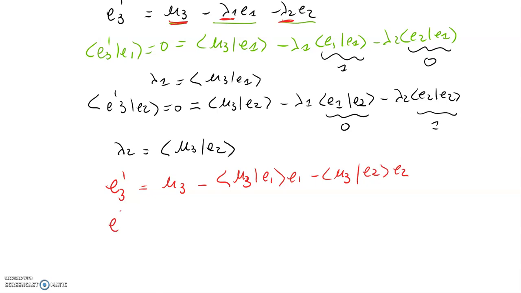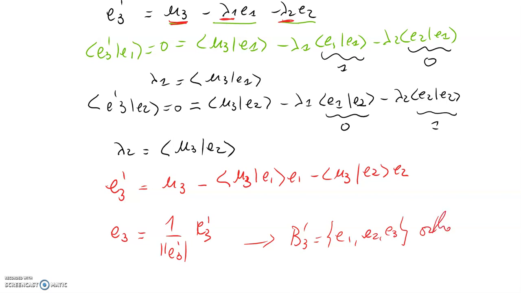And we build E3 out of E3 prime as 1 over the norm of E3 prime times vector E3 prime. And now we've got this family E1, E2, E3, which is orthonormal.